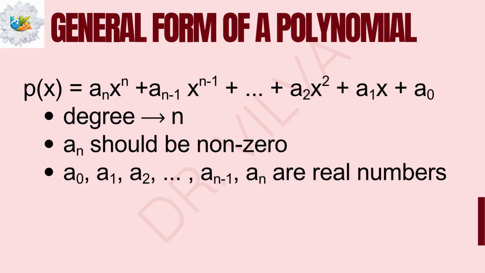In this equation, an should not be 0. If an is not 0, then the highest power of x is n. Therefore, here the degree is n. Also, a0, a1, a2, etc. are all constants.